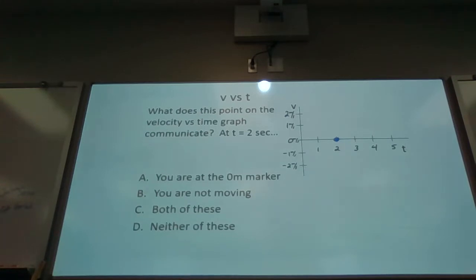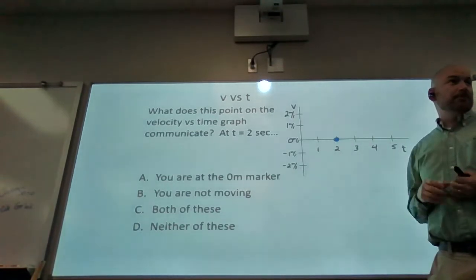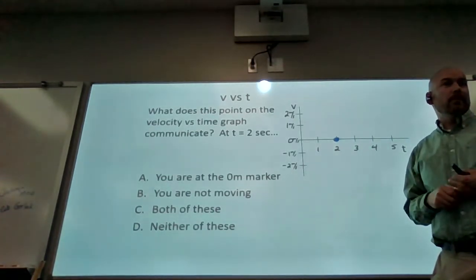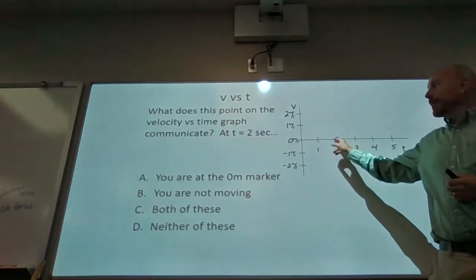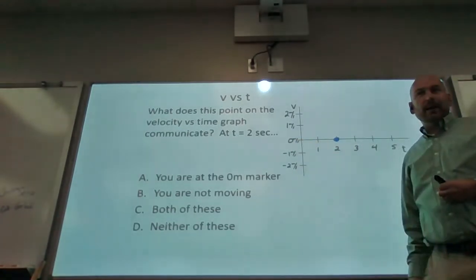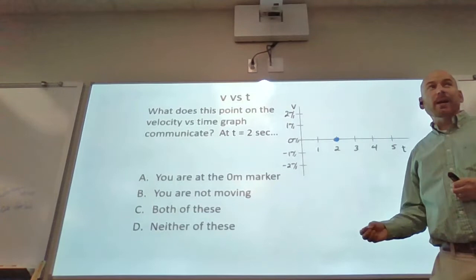Okay, so this is a velocity versus time graph, not a position graph. A hint is this is what tells you what your speedometer says. At the 2-second point, your speedometer says 0 meters a second, meaning that you're stopped.